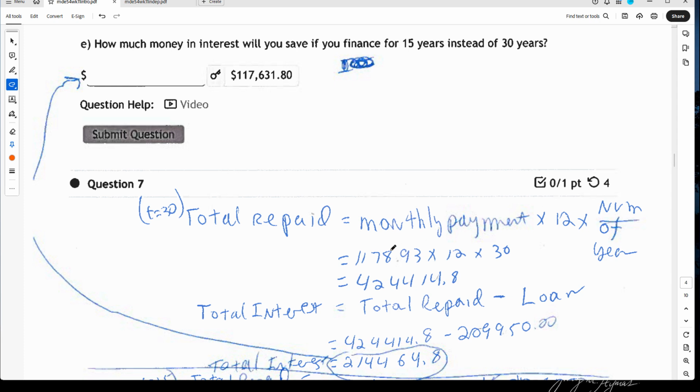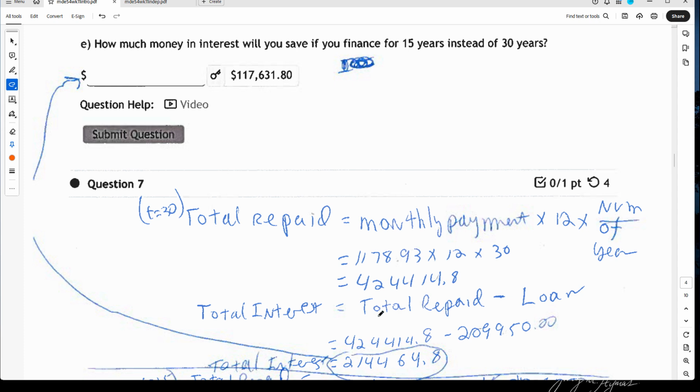So we have here the total repaid: monthly payment times 12 times the number of years. And that's 30 years there, so $424,414.80. That's the total repaid.